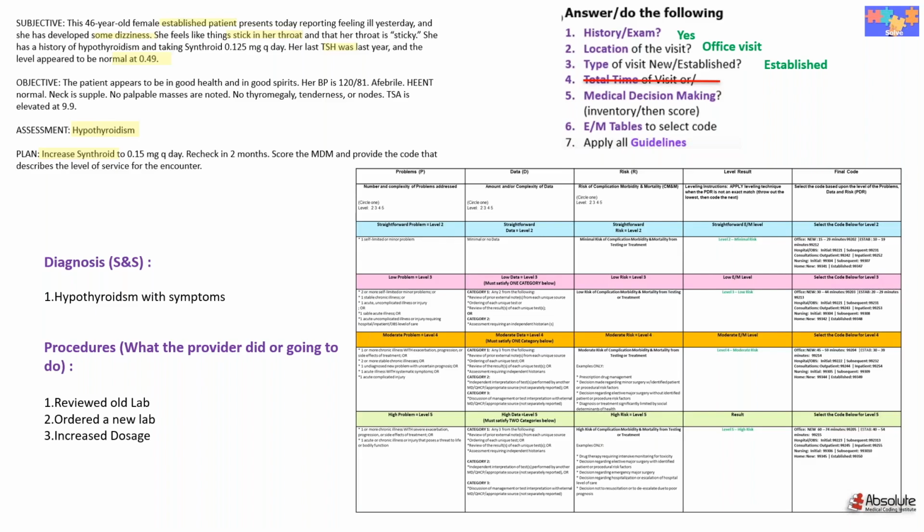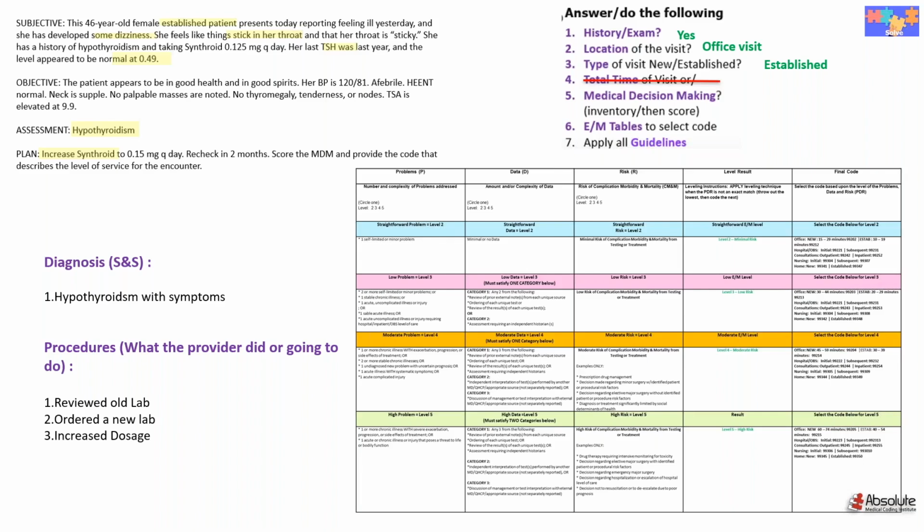The patient was showing symptoms such as dizziness and a stick in the throat. For the procedure, we are having a labs review. The old lab report was reviewed, and there was an order of a new lab as well. The TSH level was also elevated for this visit, and the doctor increased the Synthroid dosage. So that's all the provider did in this visit.